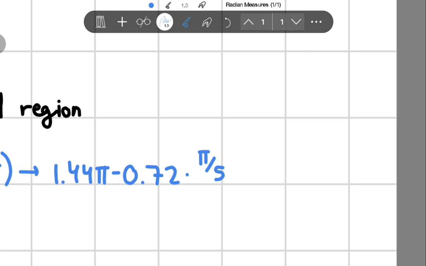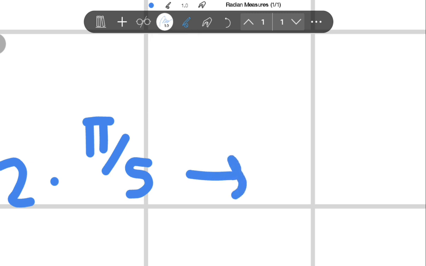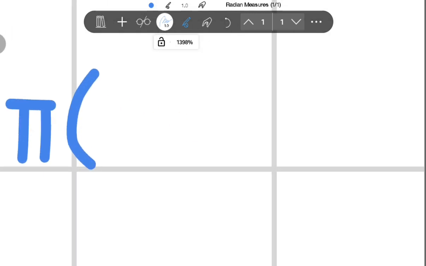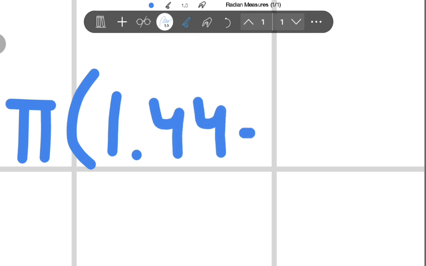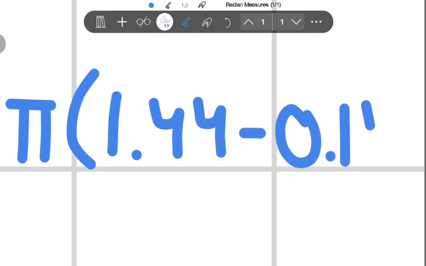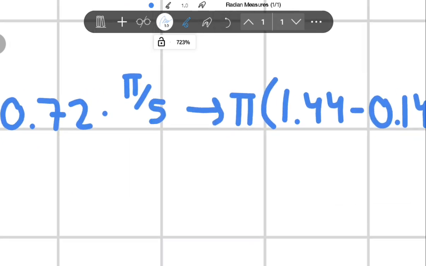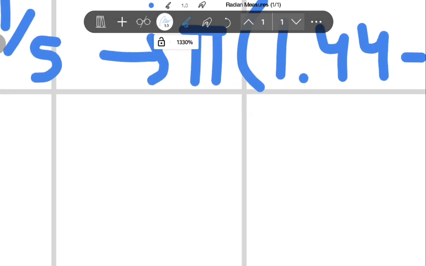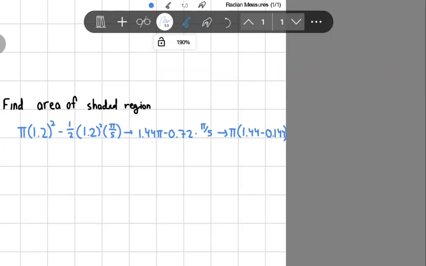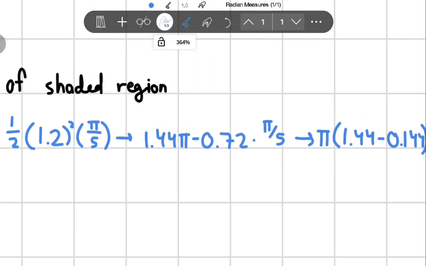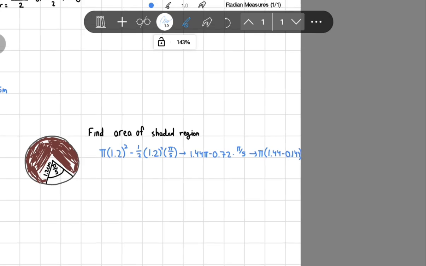It's going to equal 1.44 in the end, so we could write that as pi, taking pi as a common factor: 1.44 minus 0.144. We can just leave it like that. We don't even need to. So we know that this is going to be the area of the circle minus the sector.